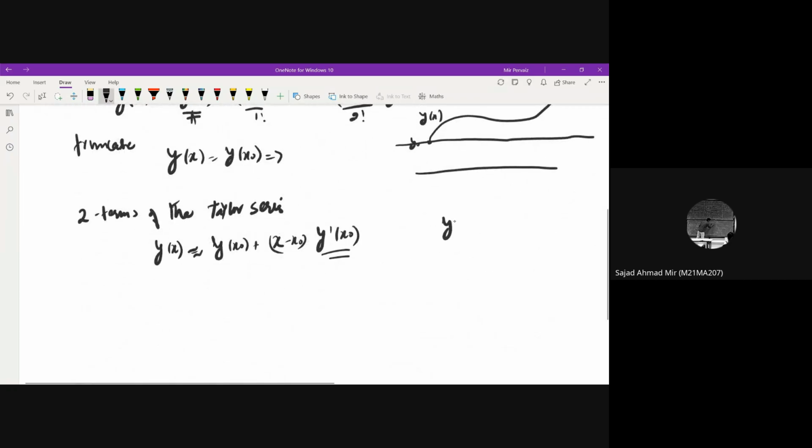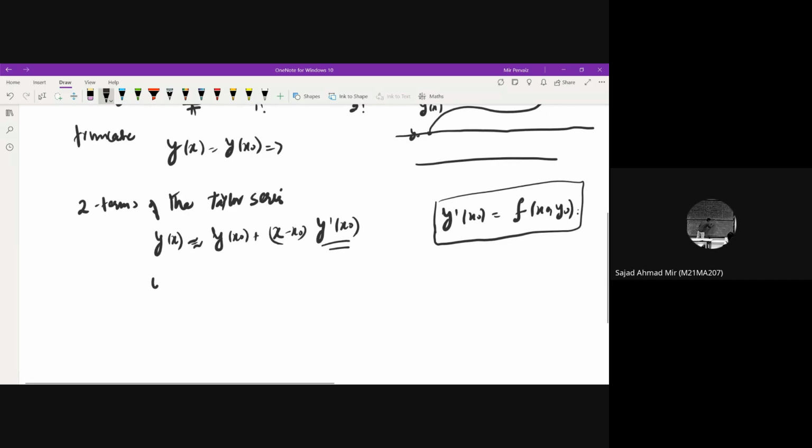So y dash at x0 will be f of x0, y0, right? We can find this value because we are given the differential equation. So from this, your scheme is y at x is y at x0 plus (x minus x0) times f of x0 comma y0.